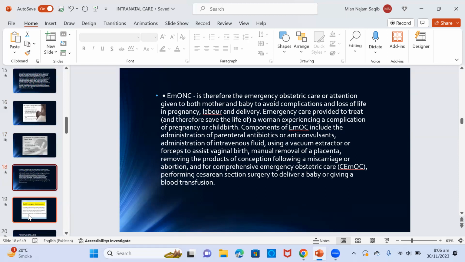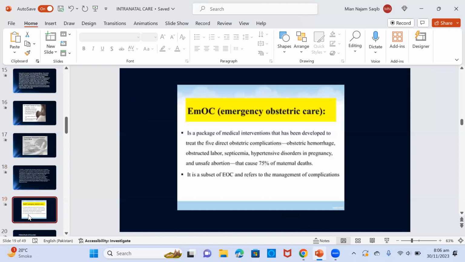Components of EmOC include the administration of parenteral antibiotics or anticonvulsants, administration of IV fluid, using a vacuum extractor or forceps to assist vaginal birth, manual removal of the placenta, removing the products of conception following a miscarriage or abortion, and, for comprehensive obstetric care, all of these in addition to performing cesarean section to deliver a baby or giving blood transfusions.